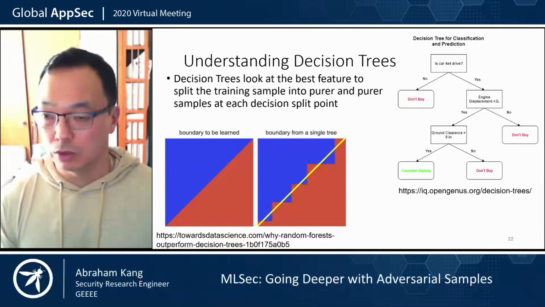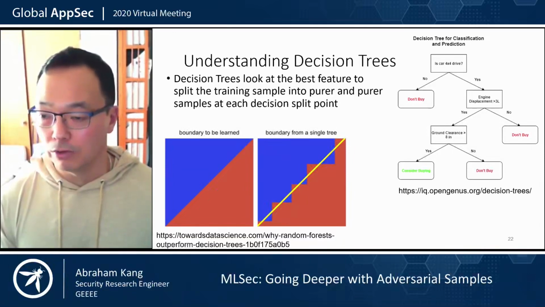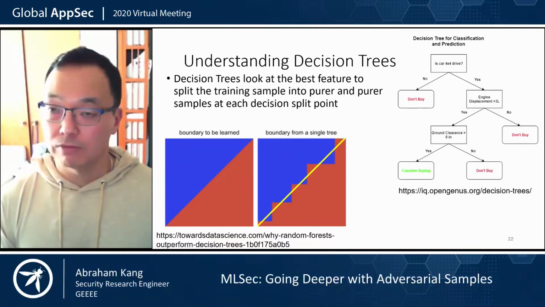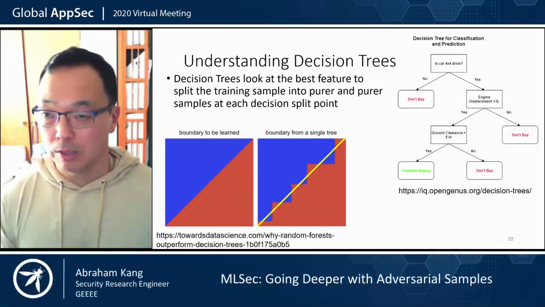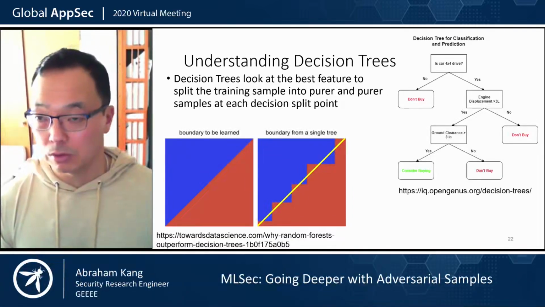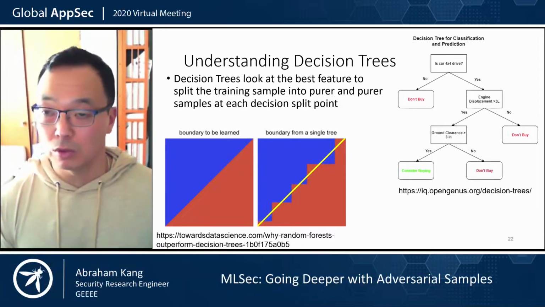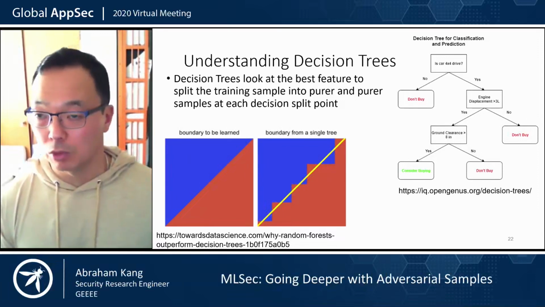Then you're going to keep on splitting until all of the leaf nodes have the same label, or the leaf nodes have a certain number of nodes in them, and then you can take a majority vote or an average of the results, depending on if it's a regression tree or a classification tree.